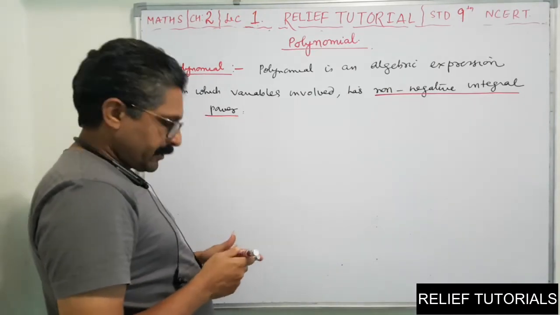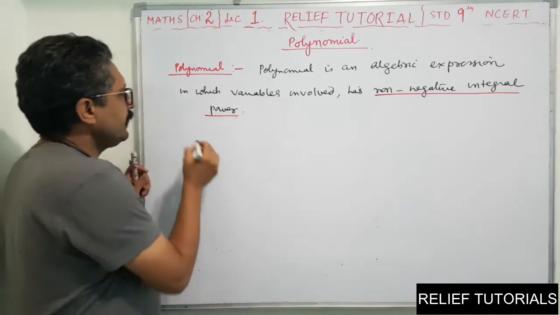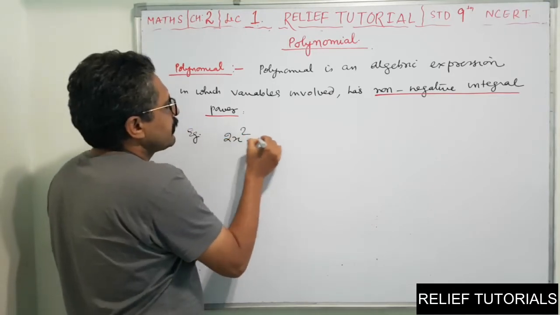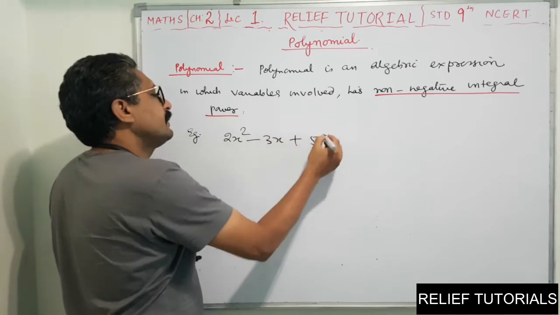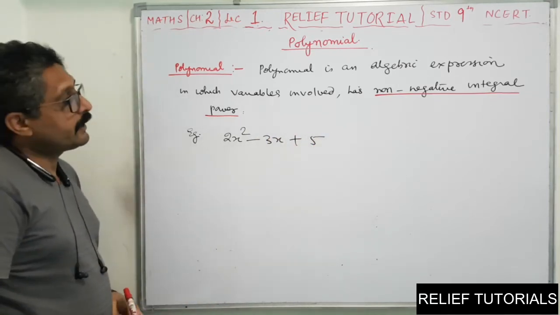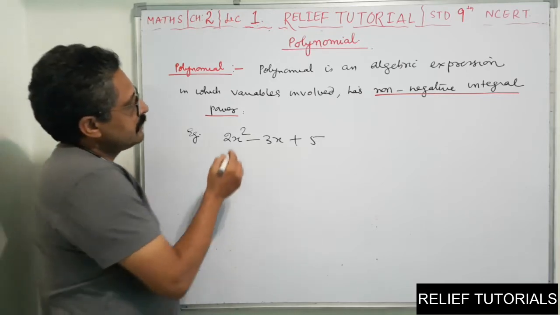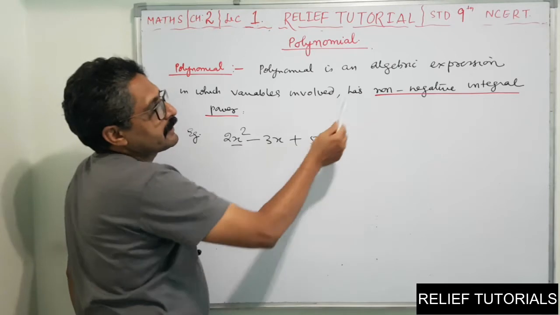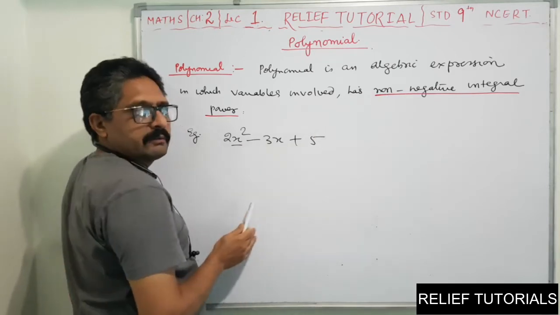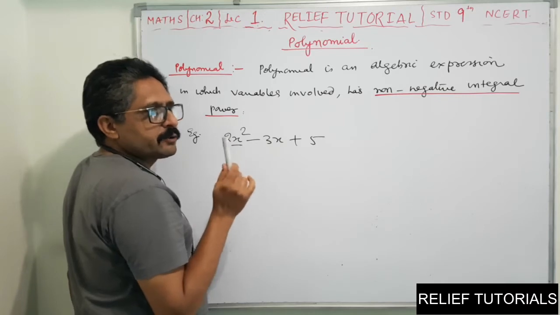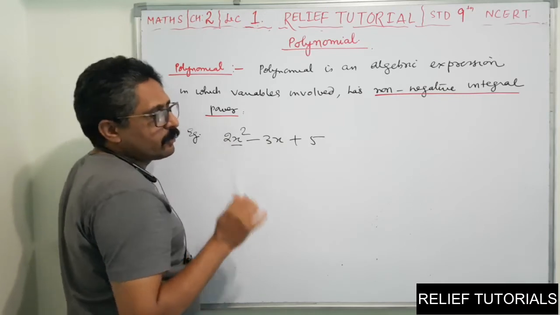We have one expression here, for example 2x square minus 3x plus 5. This is a polynomial. Why is it a polynomial? Because the power of variable x should be non-negative, it should not be negative, and its power should be an integer. Do you know what integers are?